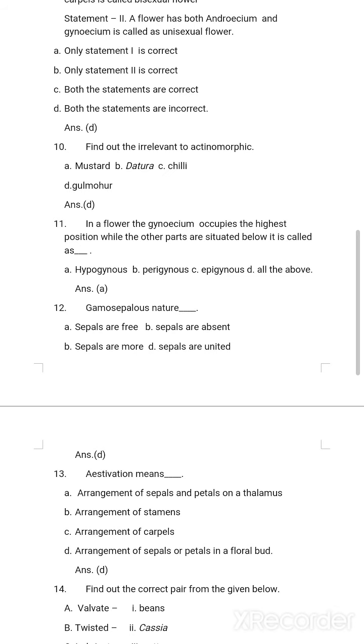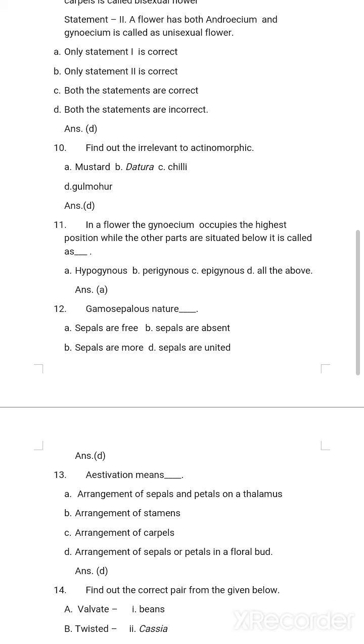So the irrelevant one is option D, gulmohar. Gulmohar does not belong to actinomorphic, it belongs to zygomorphic. Mustard, datura, chili are all examples of actinomorphic nature, radial symmetry. Understood? Okay, very good.